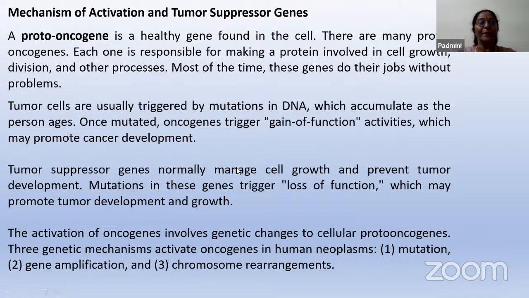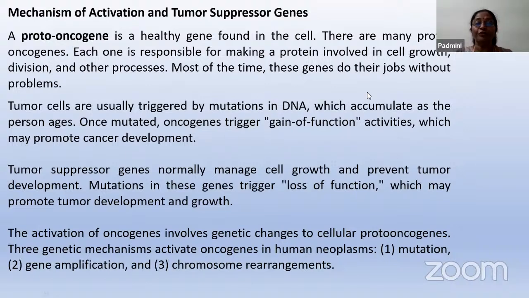So, the mechanism of activation of proto-oncogenes and tumor suppressor genes. How does this activation occur? Proto-oncogenes, as we all know, are found in healthy cells, and there are many present in the body.